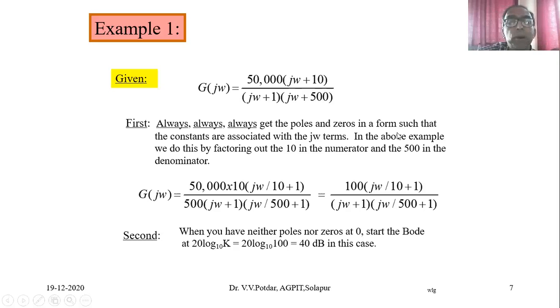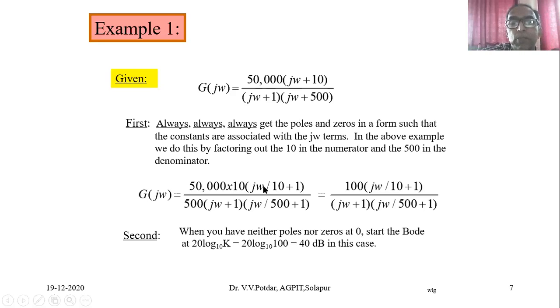So in the above example, we do this by factoring out 10 in the numerator and 500 in the denominator. So the numerator is divided by 10 and the denominator divided by 500, taking those out common. So we are taking 10 common, multiplied by 10, so it will be jω/10 + 1.